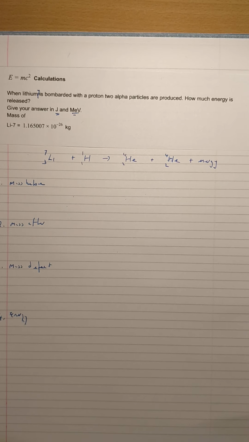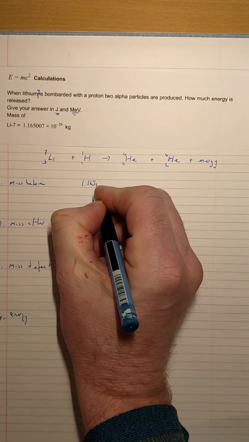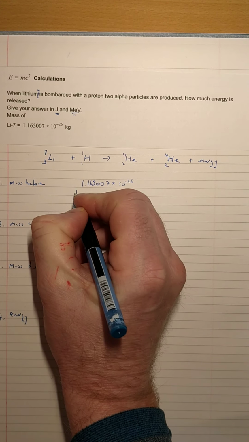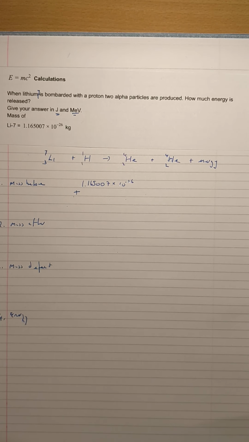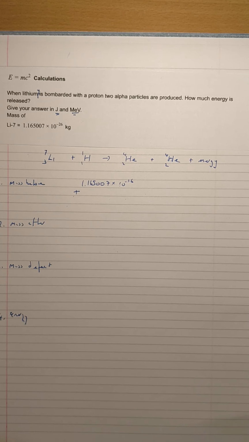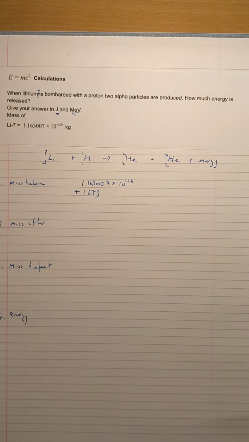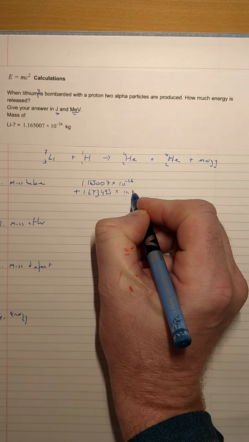So the mass before, we're given the lithium mass, 1.165007 by 10 to the minus 26, plus the proton mass, which we find from our tables, 1.673493 by 10 to the minus 27.